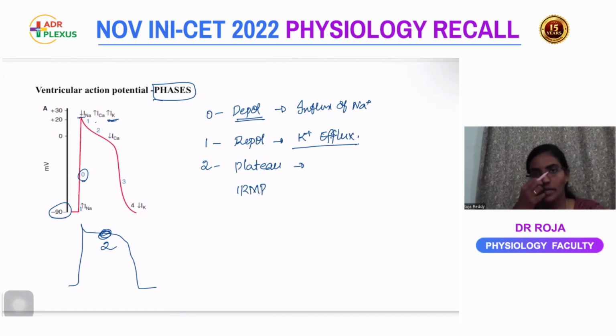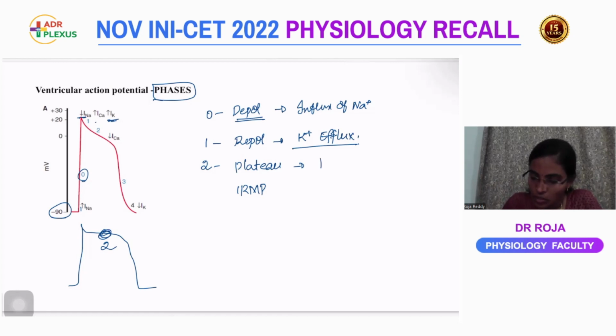Why is that so? When will the membrane potential be maintained constant? It is when there is no net diffusion of ions across the membrane. Here, what are the ions which are present? The potassium, and also there will be opening of calcium channels at this particular phase.